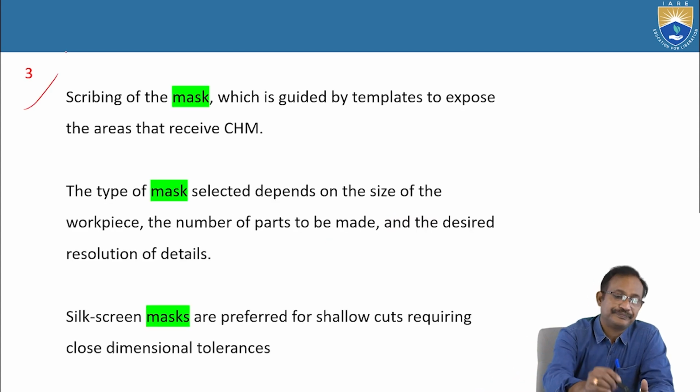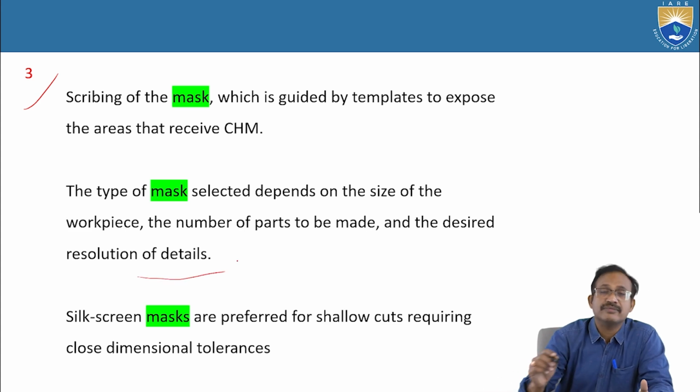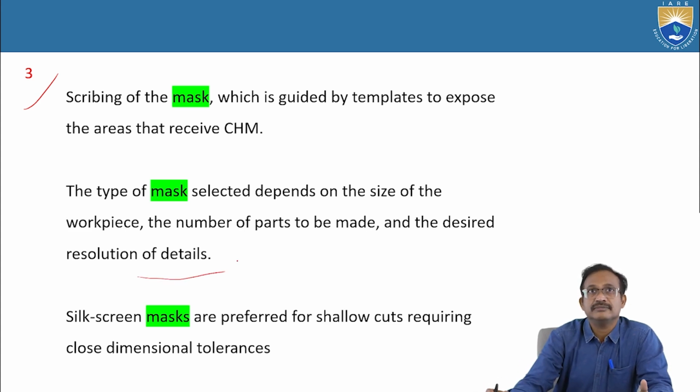Third step, scribing of the mask, which is guided by templates to expose the areas that receive chemical milling. The type of mask selected depends on the size of the workpiece, the number of parts to be made, and the desired resolution of details.